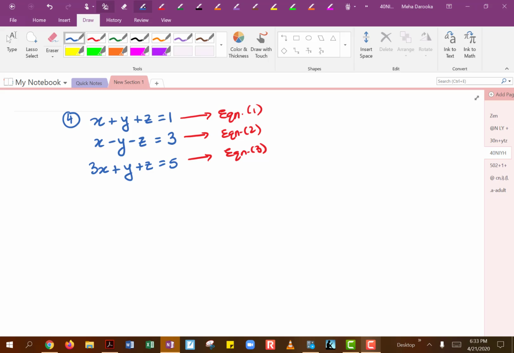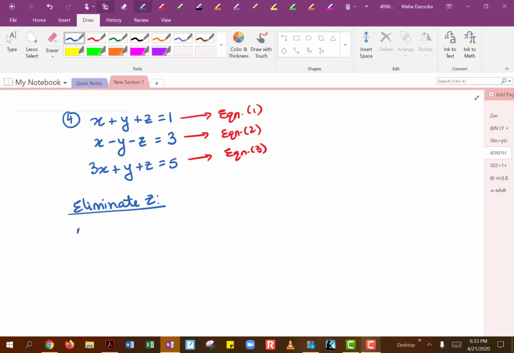So figure out which variable you think is going to be the easier one to eliminate, and eliminate that. So in this one, I am seeing that I have plus z, minus z, plus z. So I'm going to eliminate z. Of course, y also could be eliminated since they also have the plus and the minus. But let's go ahead and eliminate z in this example.